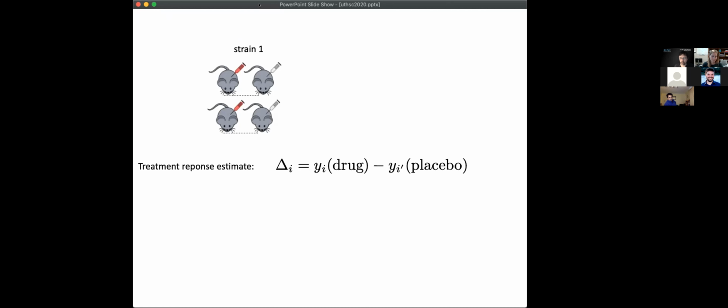So Y_i was the log of the gene expression for the treated mice, and Y_i prime would be the log of the gene expression for the placebo mice. And so the delta is the log of the fold change.